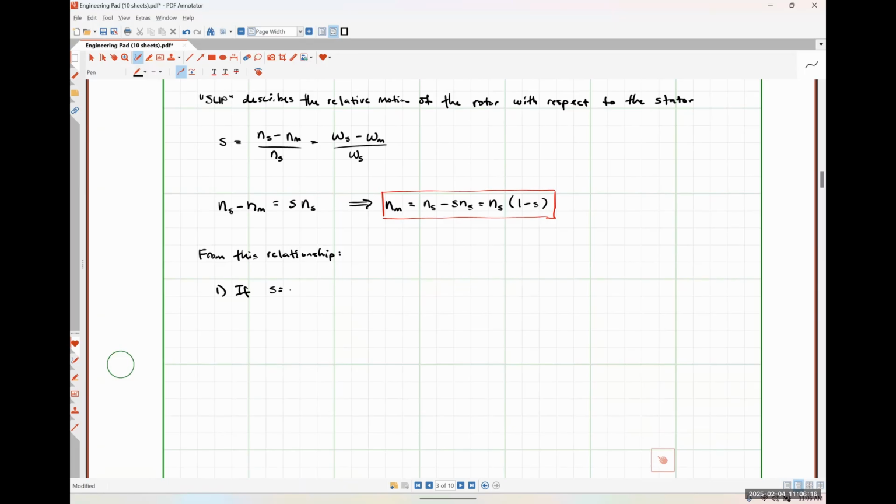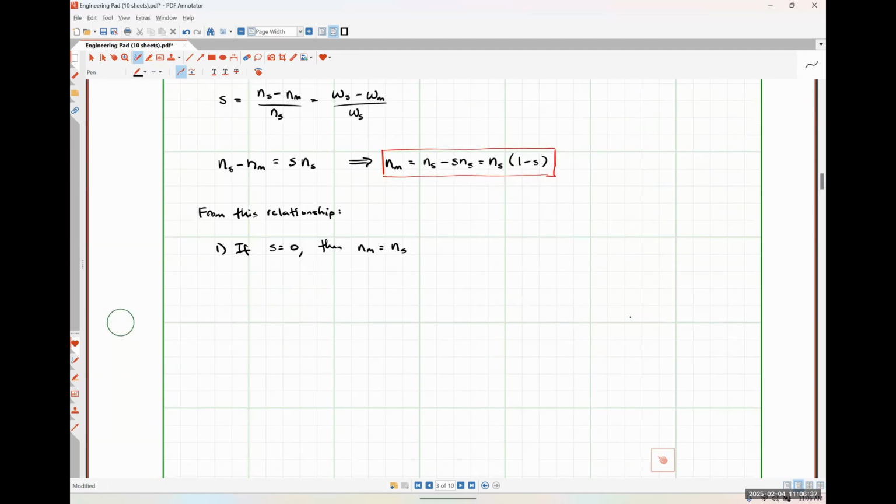So from this relationship, if s is equal to 0, so if we don't have any slip, then we know that our rotor is spinning at the exact same speed as our stator field. nm is equal to ns, okay? And again, we've talked about it a couple of times, that's generally considered bad for an induction motor because we're not generating any torque, okay?